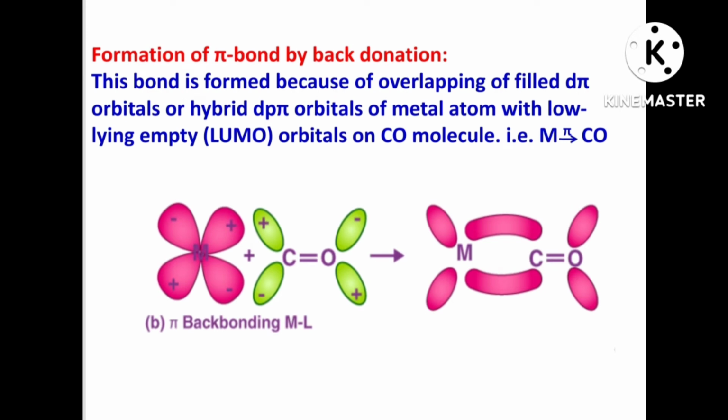Then the LUMO orbitals, that means the unoccupied pi star anti-bonding molecular orbitals, combine with the filled d orbitals of the metal atom and form a pi bond. This is known as back bonding, because here the metal atom gives an electron pair to the carbon atom of carbon monoxide.